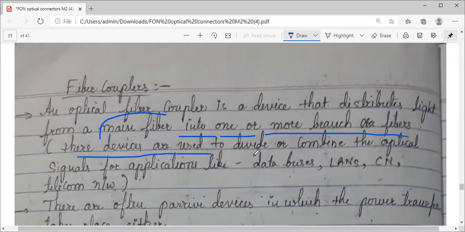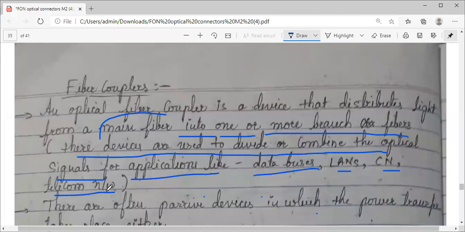These devices are used to divide or combine optical signals. So as I said, it can act as a splitter or a combiner. These fiber couplers are used in data buses, in LAN connections, in computer networks, and in telecommunication networks.